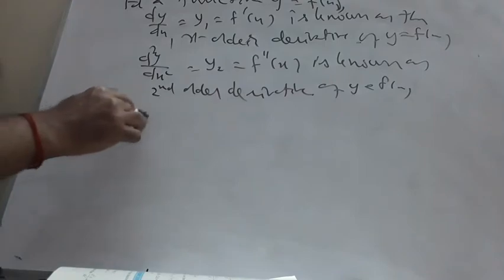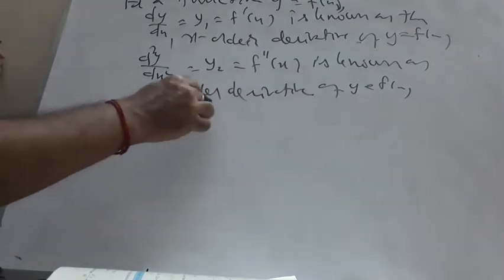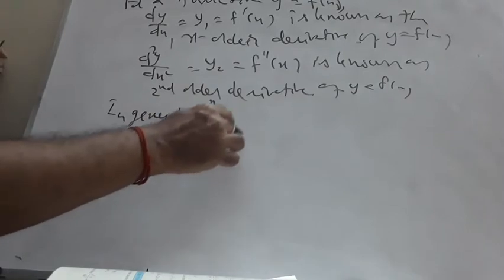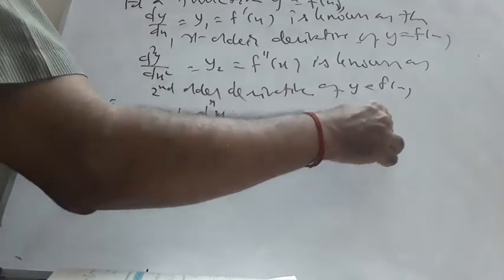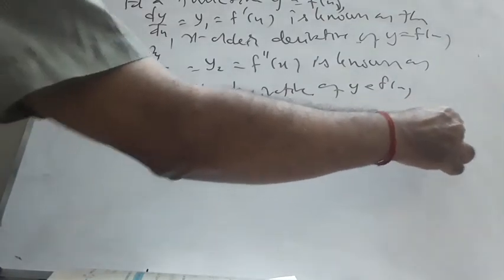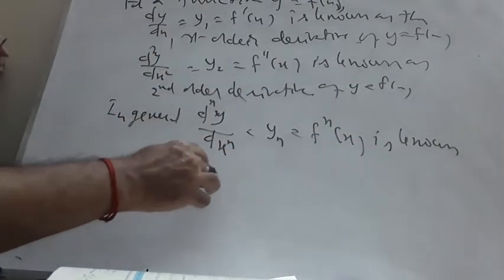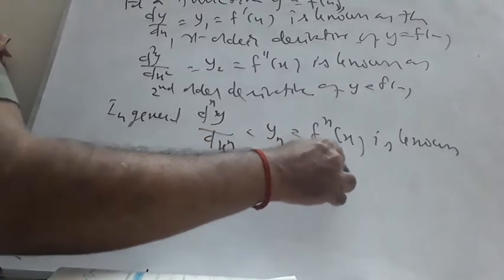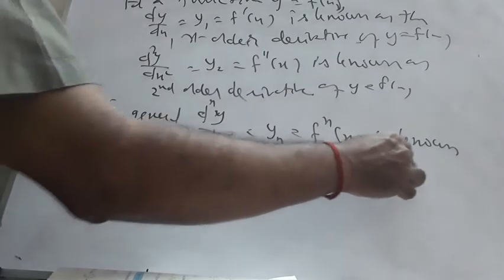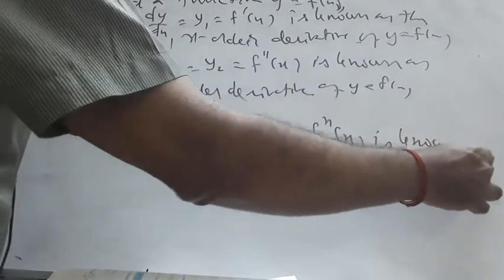In general, d power n y by dx power n is equal to yn is equal to f n of x is known as the nth order derivative of y is equal to f of x.